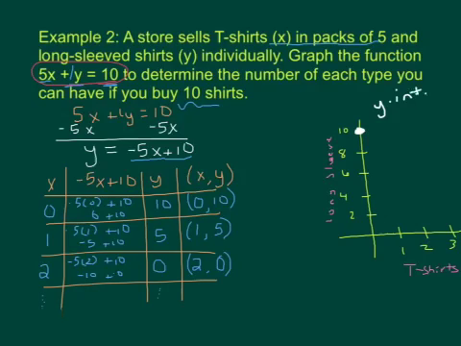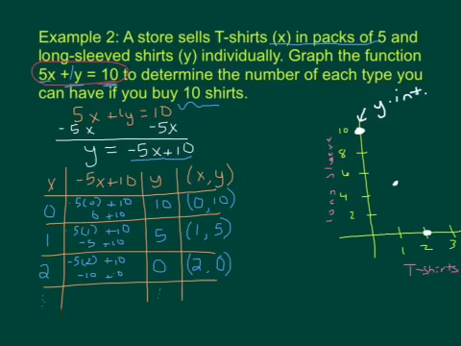Okay. 1 and 5, so I go over to 1 pack of t-shirts. 5, it's not on my grid, but I can just put a dot in between the 4 and the 6 because that's where the 5 would go. And 2, 0 would go right down here. And that one is called the x-intercept because that's where it crosses the x-axis.